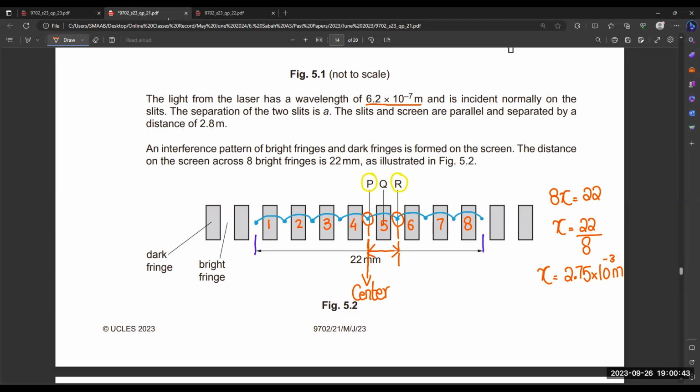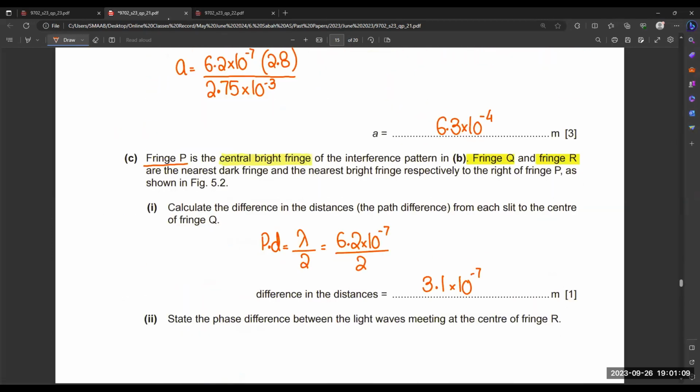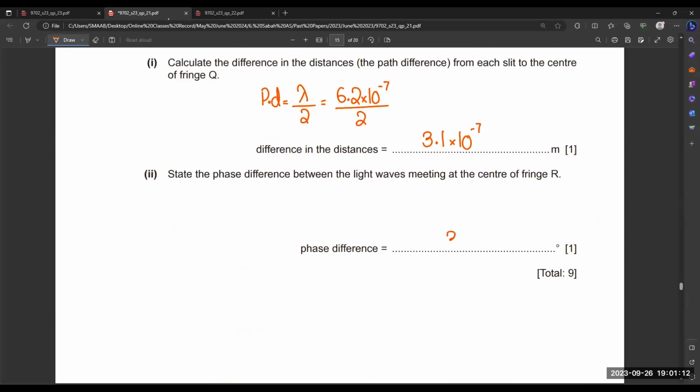If we start from the center and the next bright fringe you are getting, it means the phase difference will be 360, right? This is the central part and this is the first order. So whole oscillation shows you the 360-degree change, right? So that will be equal to 360 degrees.